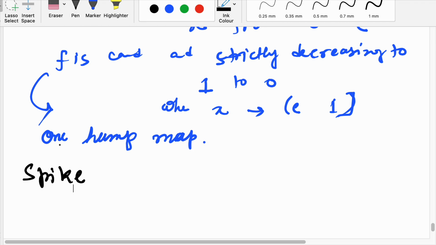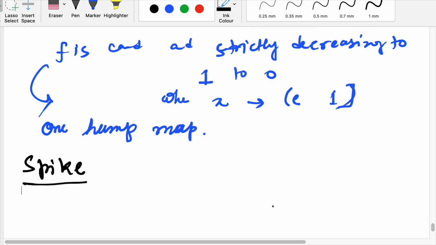For any point we take, we can find some n, and as we increase n, the steepness of that curve will increase as much as we want. So it will have sensitive dependence at every point in that domain, if the map is one hump and compact.